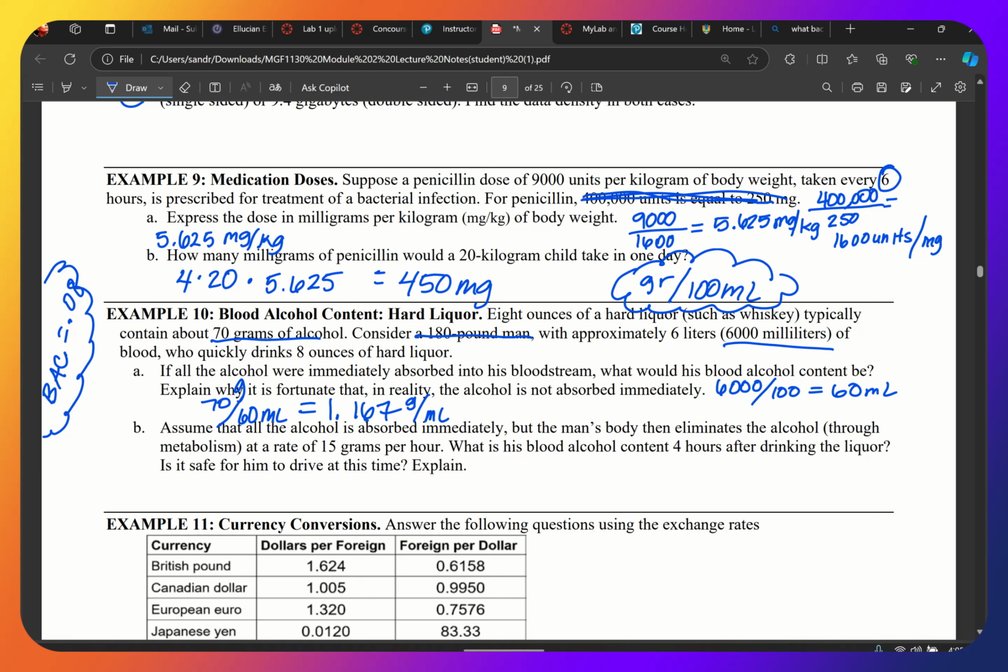All right, so 0.4 is dangerously fatal. Having a 1.167, assuming it's all absorbed in one sitting, is a lot. If 0.4 is dangerously fatal, fortunately, the alcohol is not absorbed immediately, right? It takes time to travel.